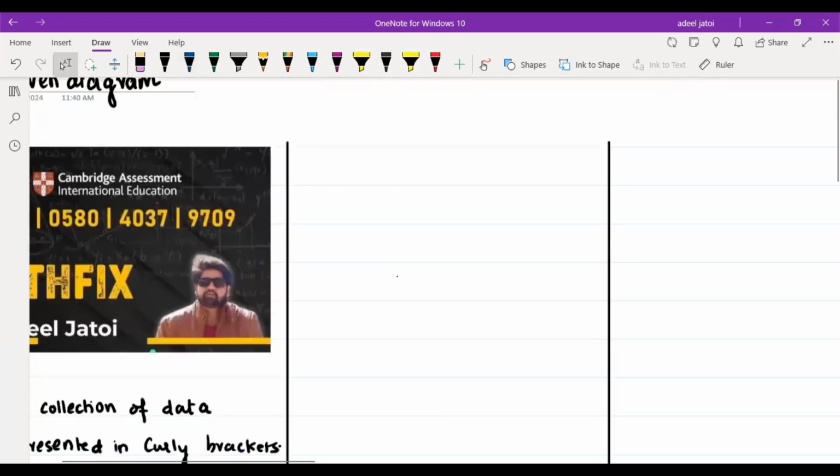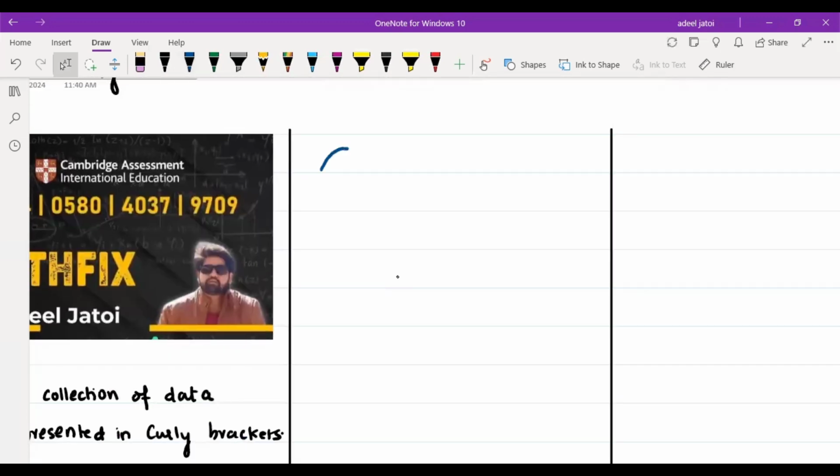Then we have the sign closer to an n sign. This is your intersection, intersection between two sets or more.